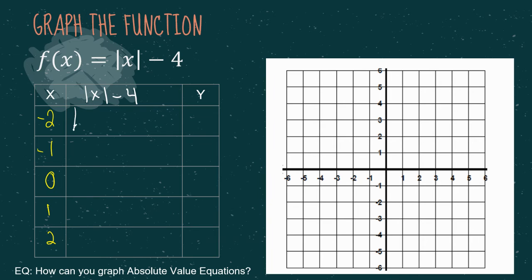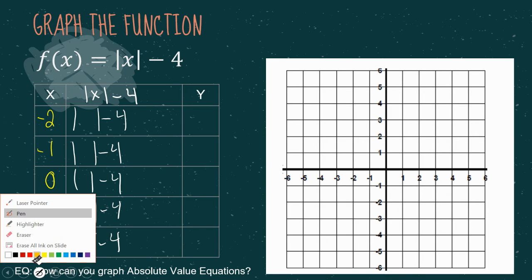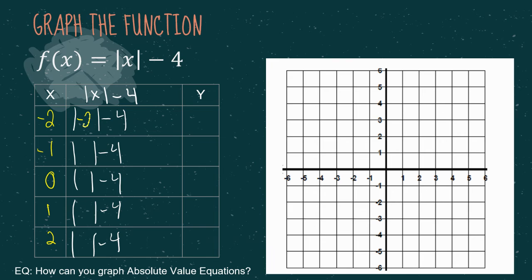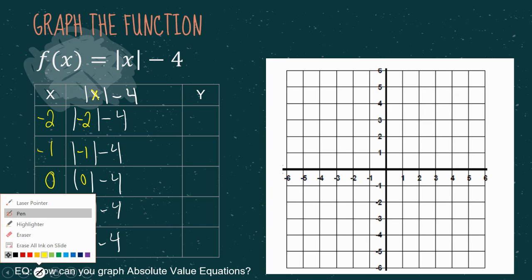So I'm going to write absolute value minus 4. Absolute value minus 4, all the way down. And we're going to plug that in. Plug in -2 wherever that x is. And then we're going to evaluate that.